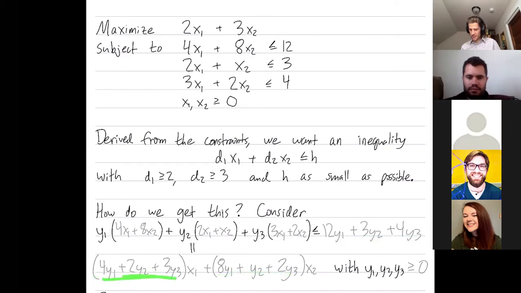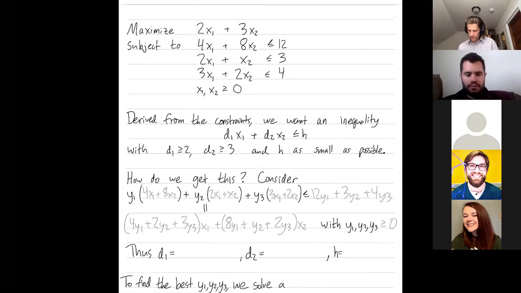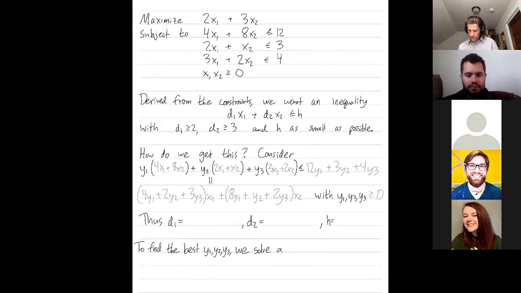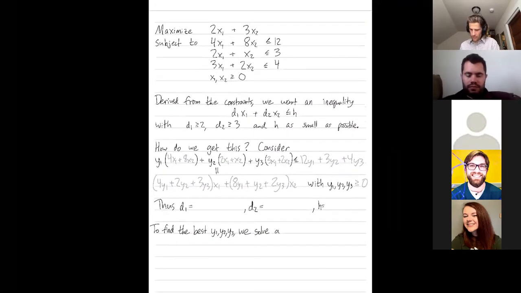On the left, this D1 is at least 2, and on the right, this D2 is at least 3. So that sounds like an optimization problem. To find the best y1, y2, and y3, giving us the best possible upper bound, we solve an optimization problem. I'll call it a dual linear program.